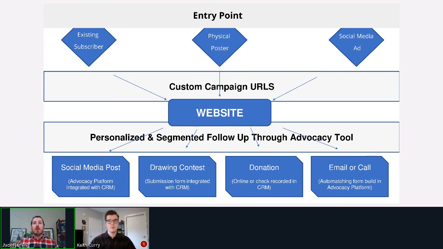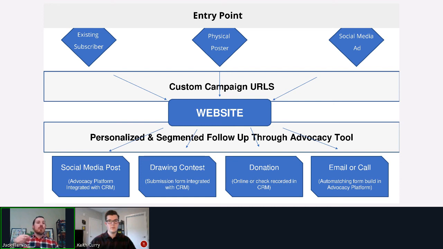And then the email or call to action, so send an email or call your representative. The existing subscriber might be that way. So they've initiated some sort of interest in sending an email or making that call.